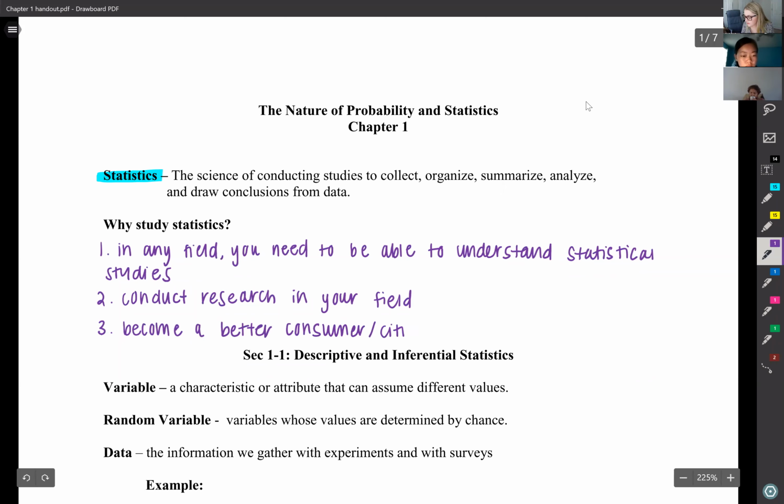And the reason that that's one of these is because by knowing statistics and maybe understanding data that you see or things that you see in news or in media, you can become a better consumer. You can make better purchases. You can understand a little more of things, like I said, that you'll see on the news. So having a good statistical understanding will help you in that. Those are just 3 reasons why we study statistics, no matter who you are and why you're taking this class.